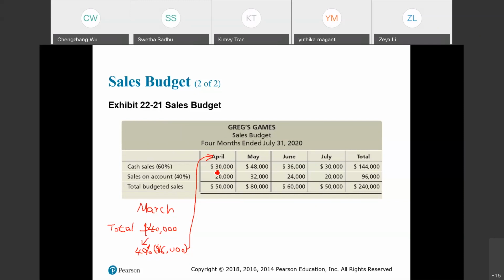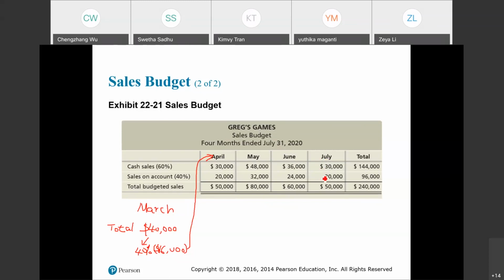That will be collected immediately. And the rest of the 50,000, that is 20,000, will be collected in the next month. And similarly, May, same thing. June, same thing. July, same thing.